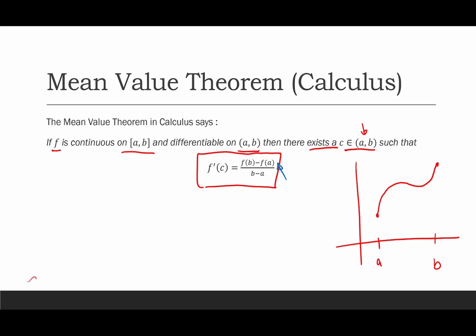If you look at the right-hand side, f of b minus f of a over b minus a, if you remember from the really beginning parts of differential calculus, this is really just the slope of the secant line through f of a and f of b. So in our picture here, here's f of a, here's f of b. The secant line that joins these two, let's pretend that's a straight line, would be this line right here. So the right-hand side of this equation is just the slope of this line.